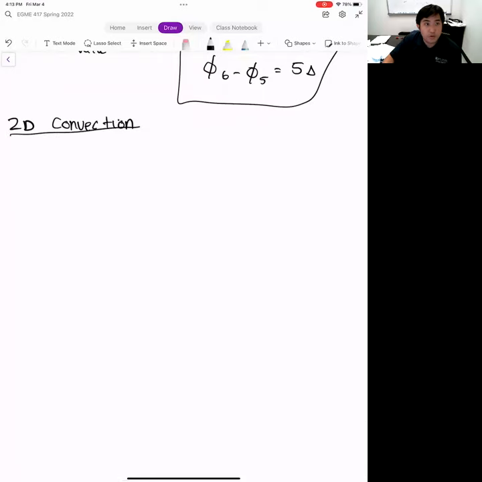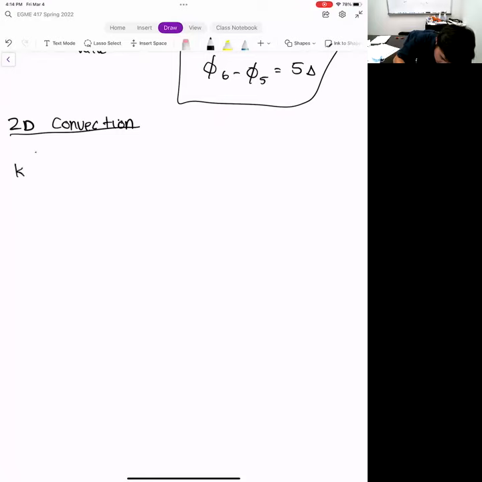And so just like we did with diffusion, let's go ahead and start with the full equation. Let me just pull that up in my notes. Our 2D convection equation is going to be a little bit more general than before, because I'm going to include a diffusion coefficient.